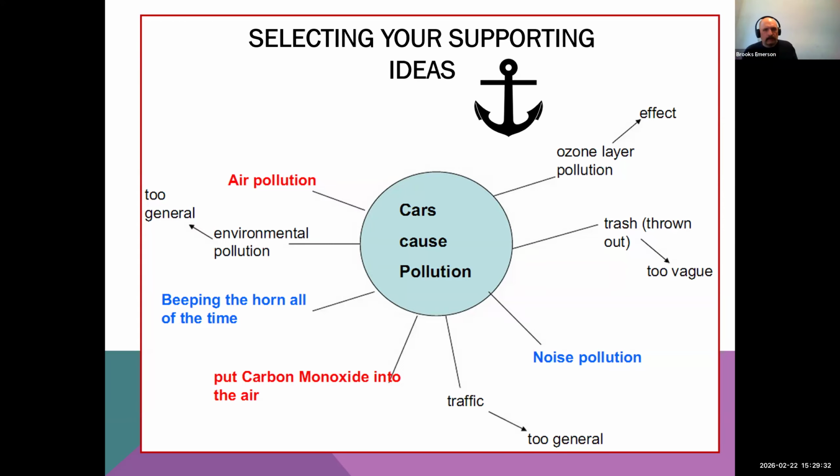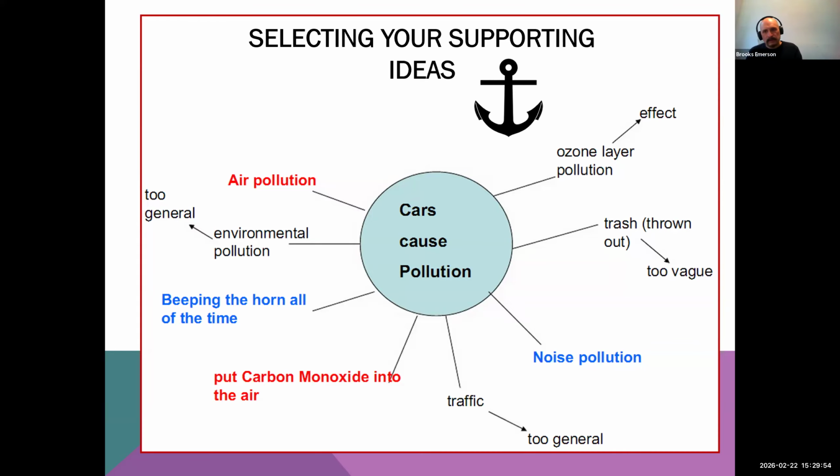Just any idea that you have. You want to brainstorm. And then after you brainstorm, you want to select how cars cause pollution in Istanbul. Here I've chosen air pollution and noise pollution.